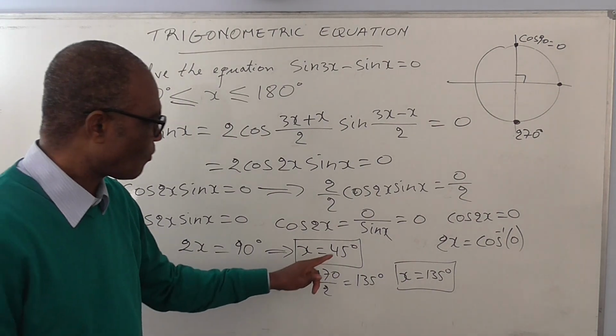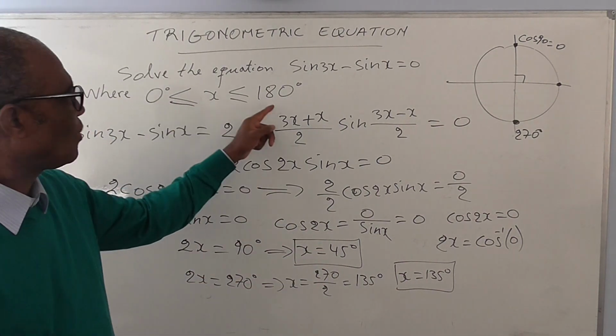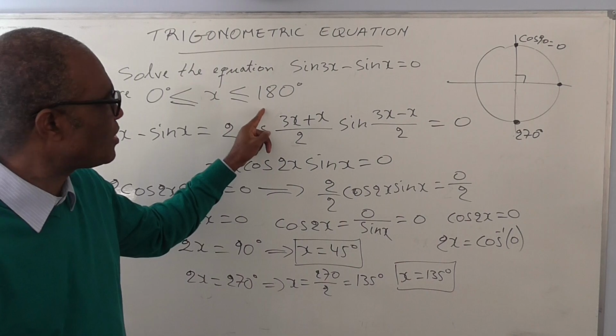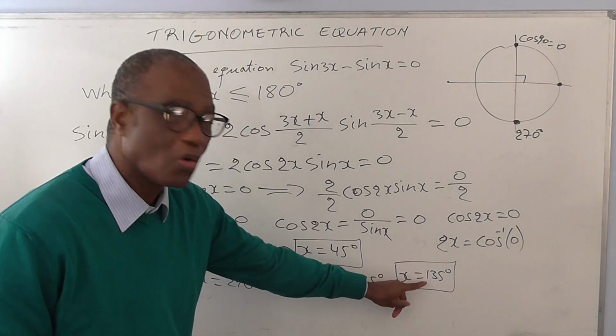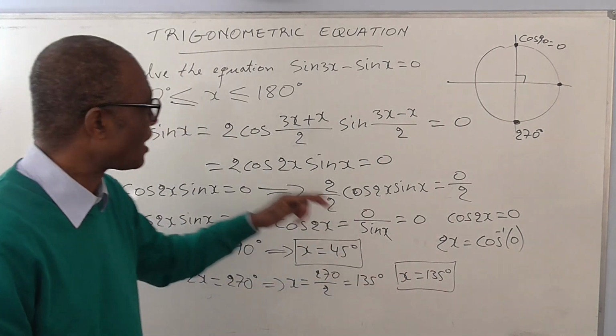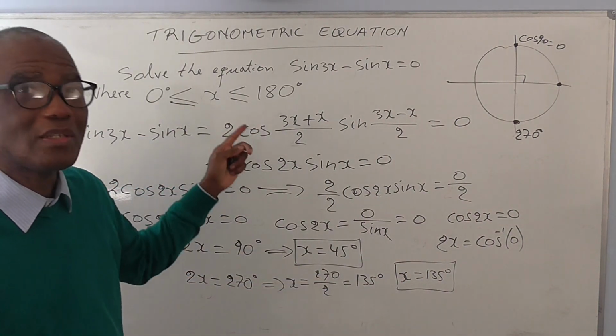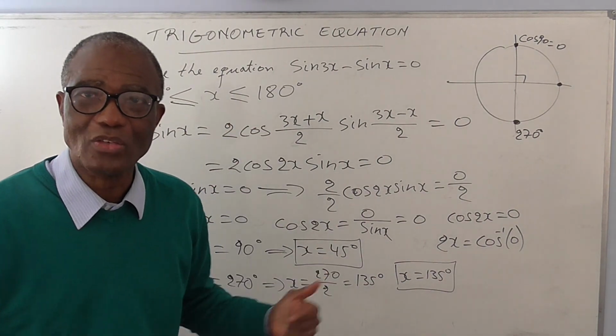Okay, we see that 45 degrees is within the interval that we have here, between 0 and 180, and also 135 degrees as well is within the interval that we have there.